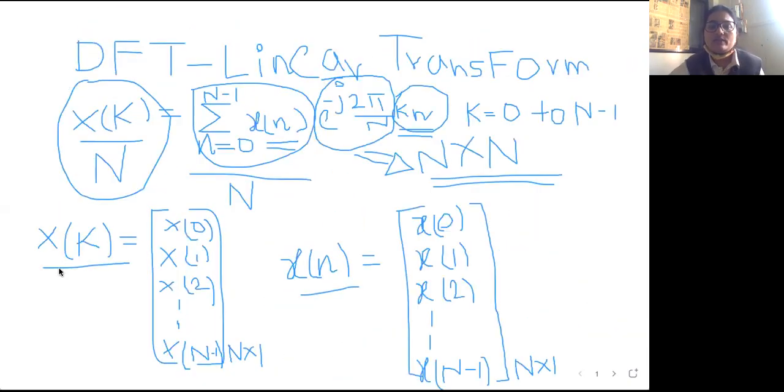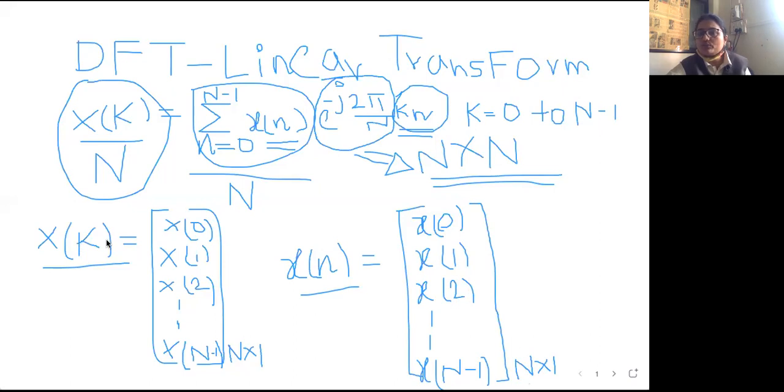In the first slide we have represented the input signal. What is input signal? X of n is the input signal which we have represented by n by 1 matrix. Then the output signal, X of k is the output.